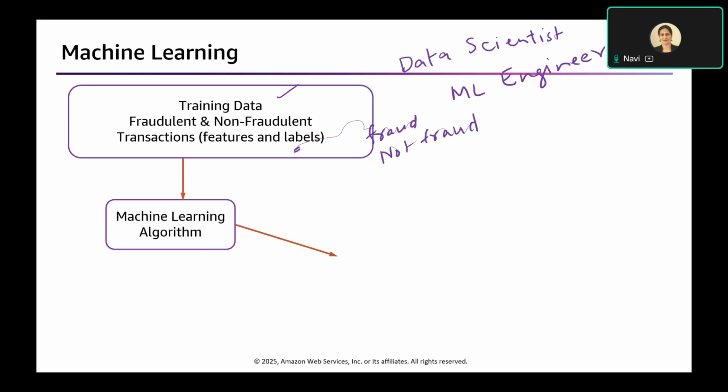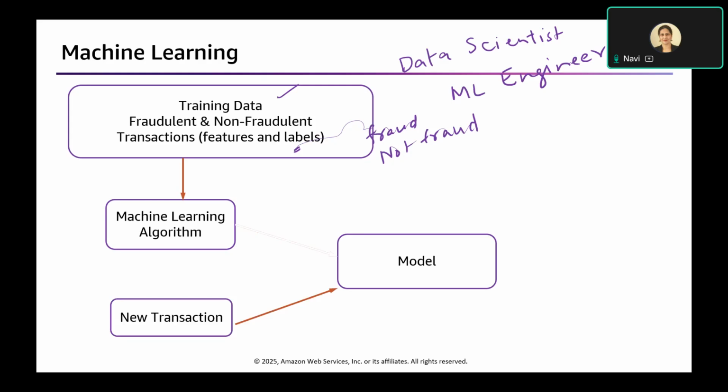They will evaluate the performance of this model through testing and training. Once the model is ready, it has learned patterns and characteristics from the input data to distinguish between fraud and legitimate transactions.